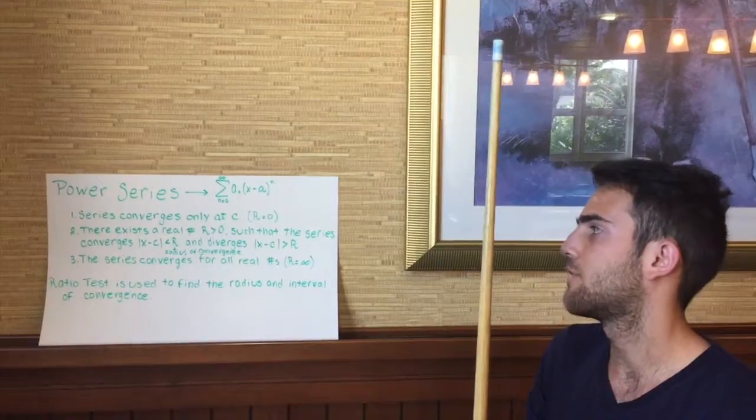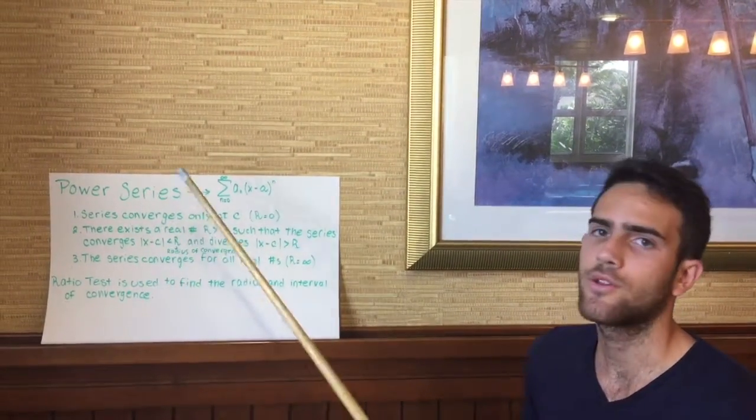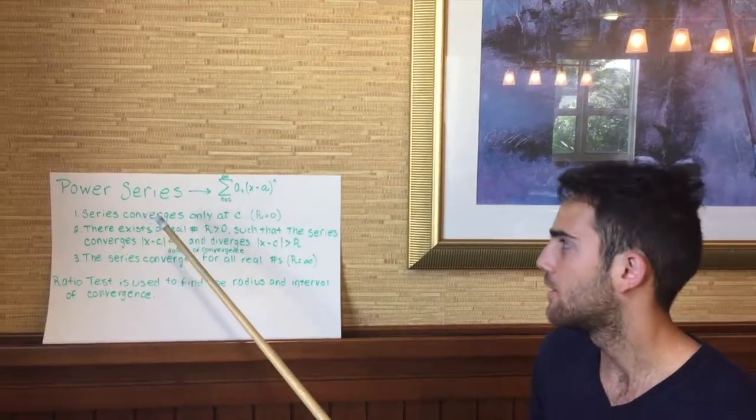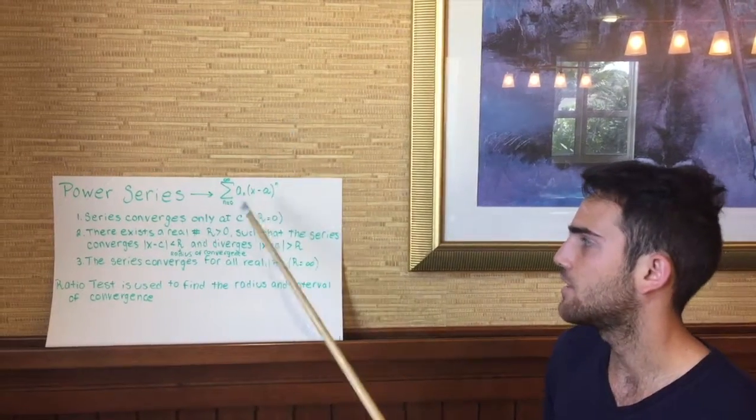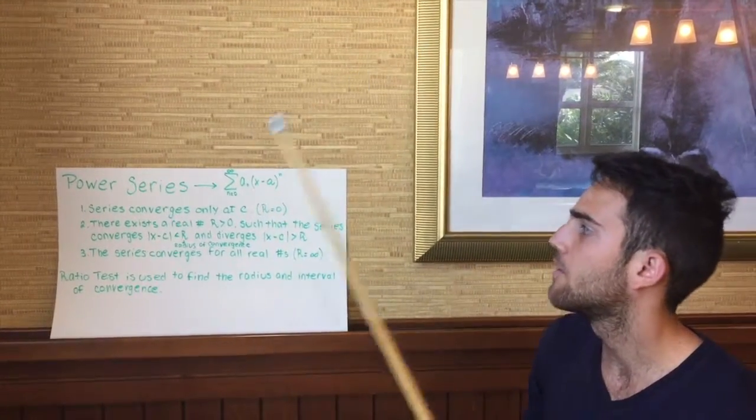For a power series to converge, there can only be three possibilities. One is that the series converges only at c, when the radius of convergence is equal to 0.